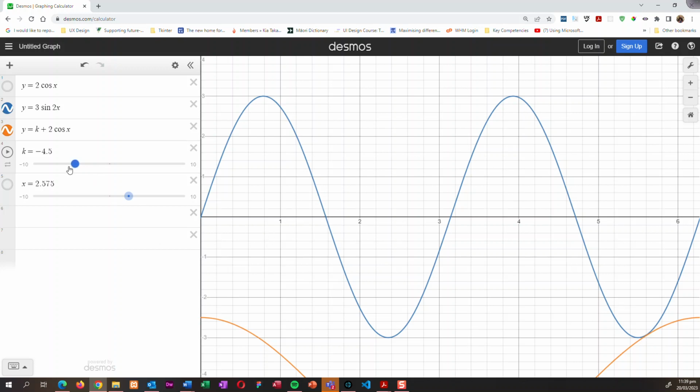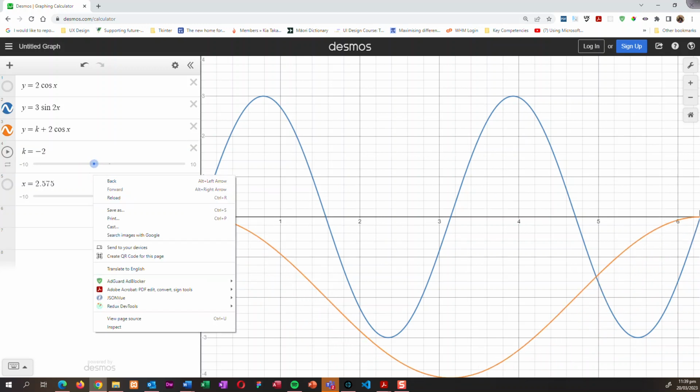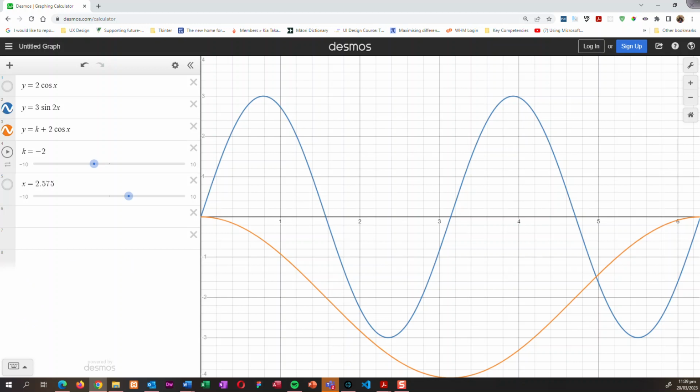So we want the k values less than negative 4.5 up until x equal to 2 pi, where y would be 0. Let's add that bit into our answer.